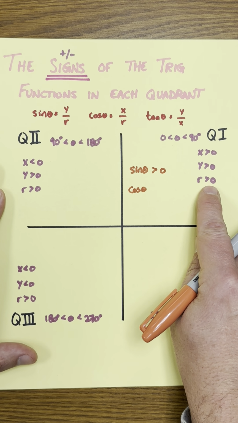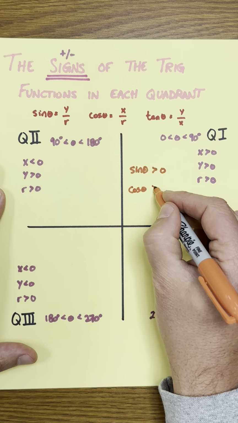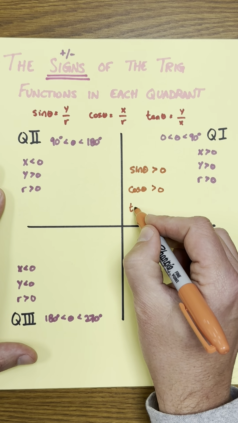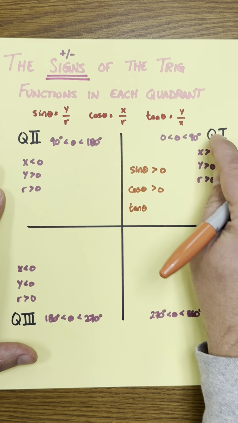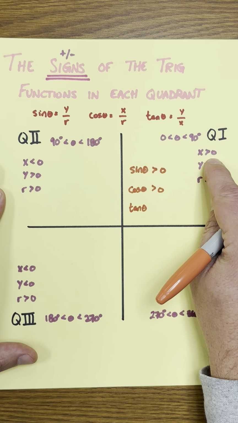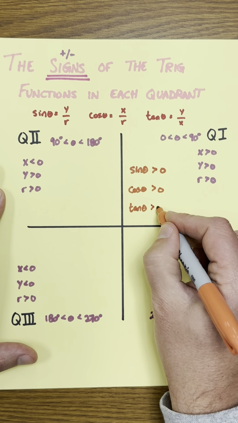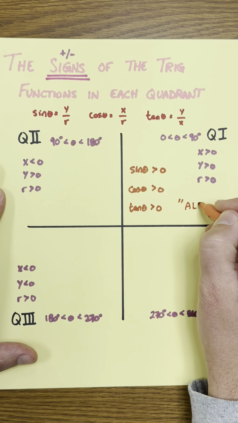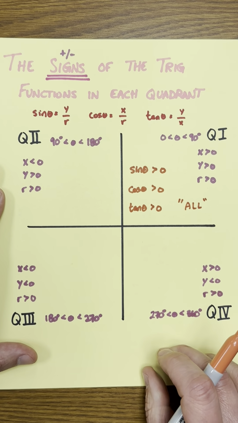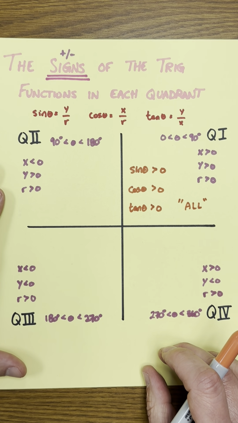Again, positive divided by positive, so that's greater than 0. And the tangent of an angle, that's y over x. That's a positive divided by a positive, which is greater than 0. So what we find is that in quadrant 1, all trig functions are positive, okay?